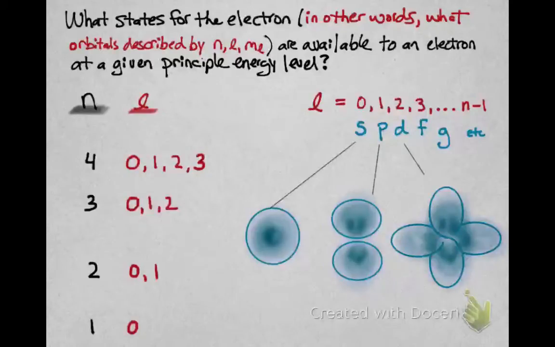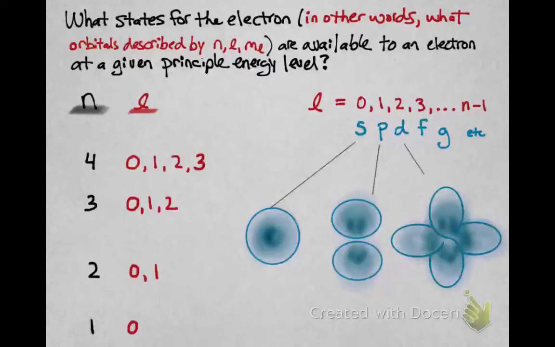The dark spots in these indicate the greater probability of finding the electron, and as the color fades, I meant that to indicate the decreasing probability of finding the electron in those regions. So these are the shapes for the orbitals with L equal to 0, which is the s orbital, 1, the p orbital, and 2, the d orbital.